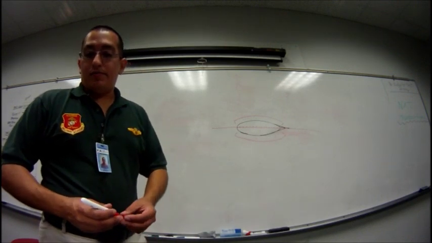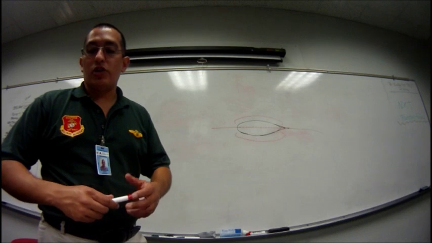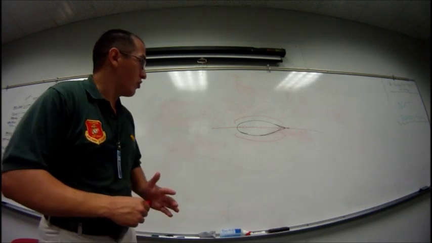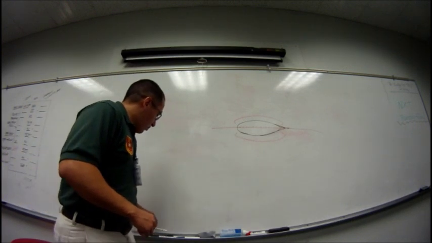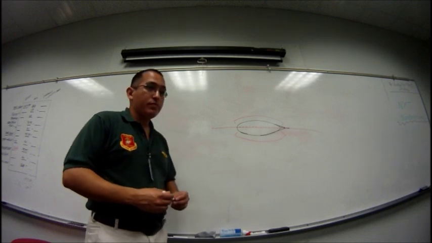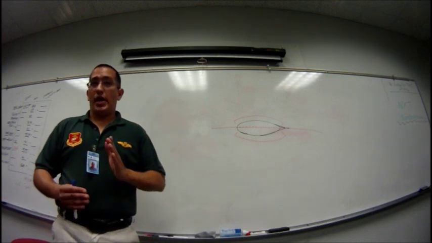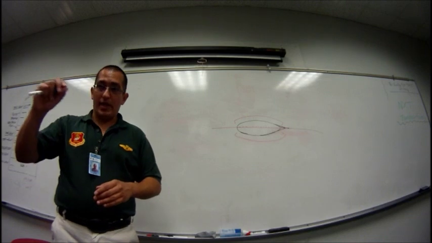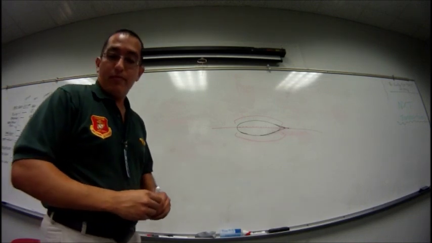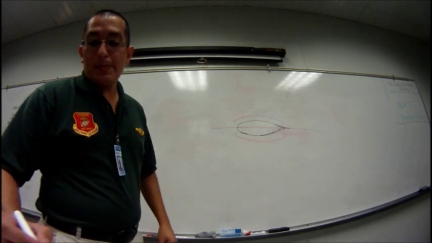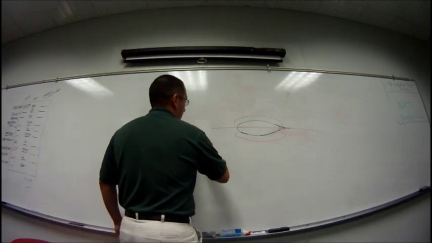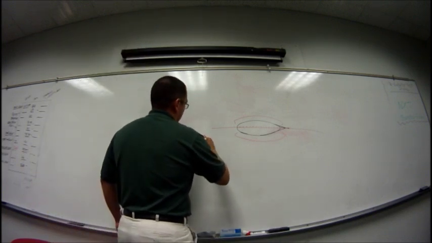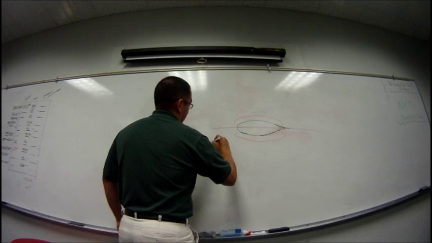Okay, let's start talking about some different terminology here, okay? And we're going to stick with the wing right here. Now, what they have is what's known as the angle of incidence. Okay, so write that down, angle of incidence.